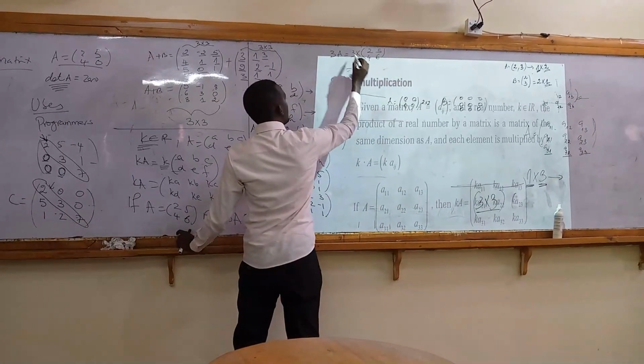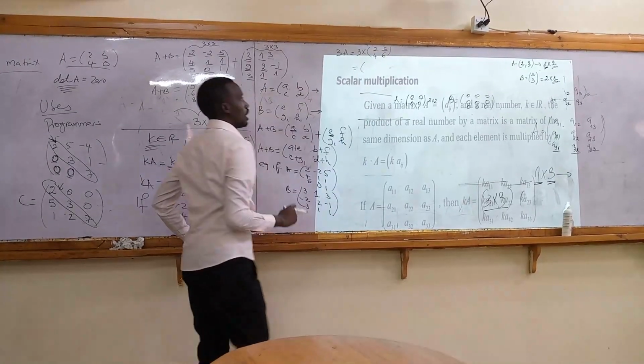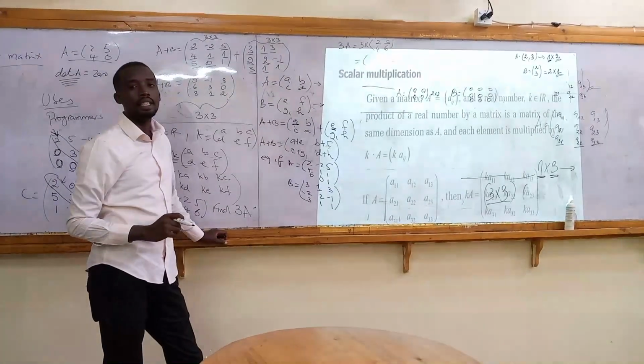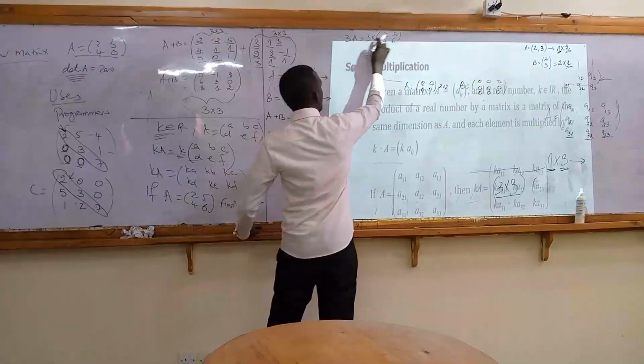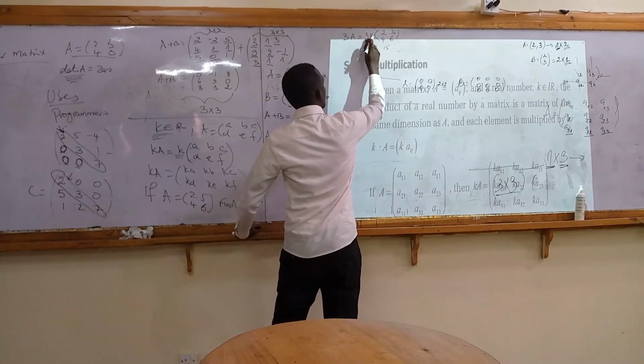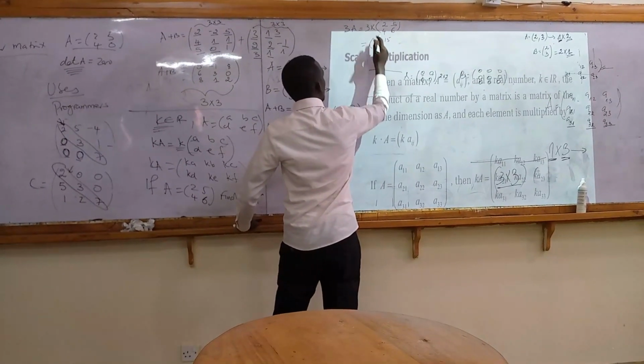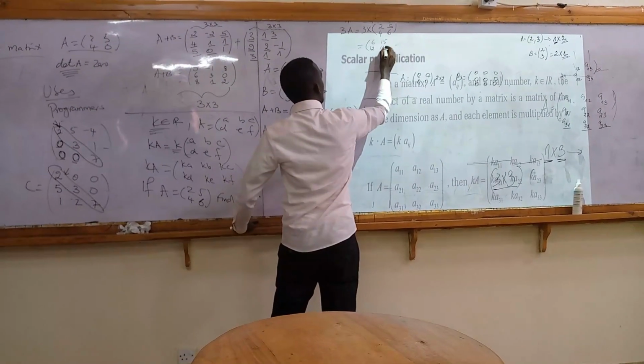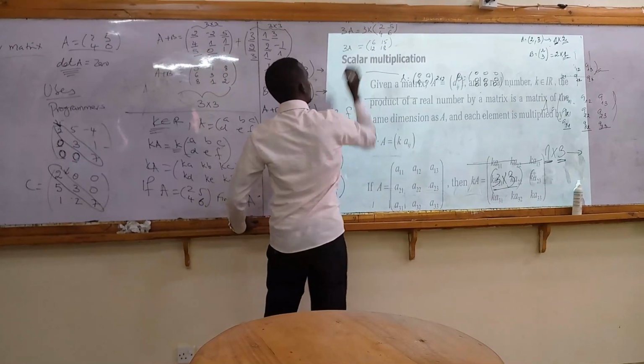It means that each element in this matrix is going to be multiplied by 3. And we are getting 3 times 2, 6, 3 times 5, 15, 3 times 4, 12, 3 times 6, this one is 18. This is our matrix 3A.